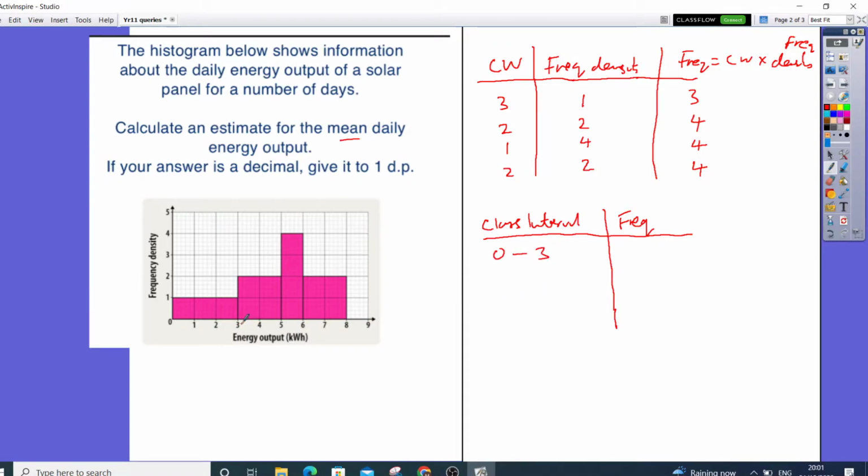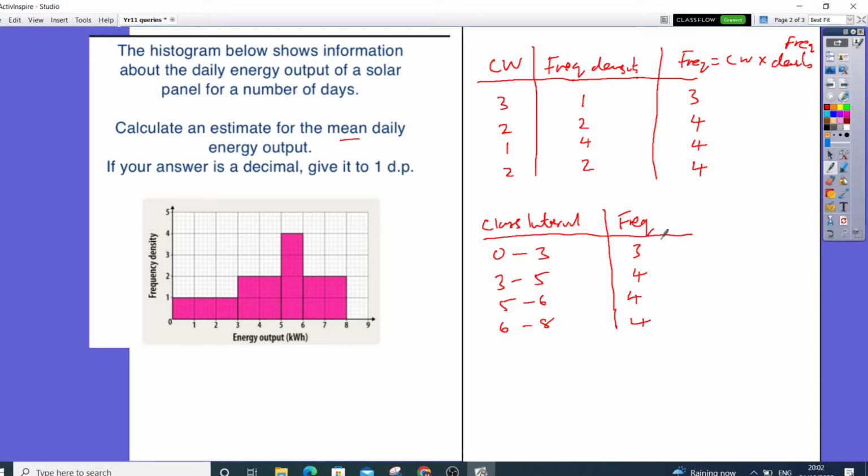This one goes from 3 to 5. This one goes from 5 to 6. And this one goes from 6 to 8. And the frequency of that one is 3. The frequency of this is 4. This one's also 4. And this one's also 4. We worked these frequencies from here. So these were the class widths that went from 0 to 3, 3 to 5, 5 to 6, and then 6 to 8.